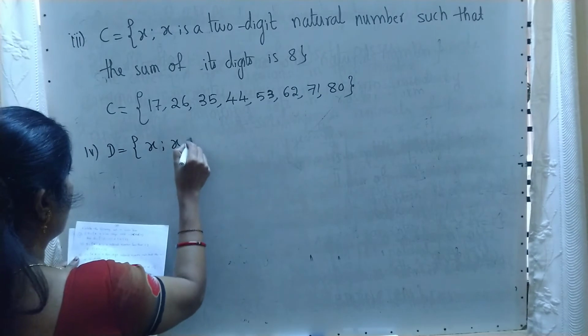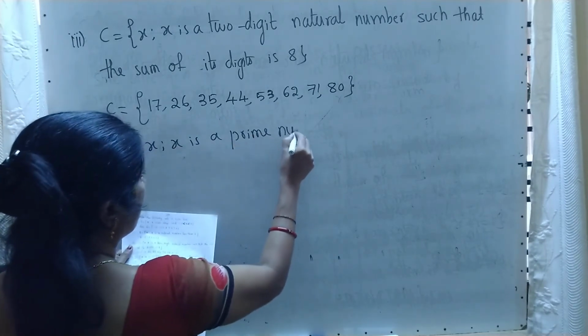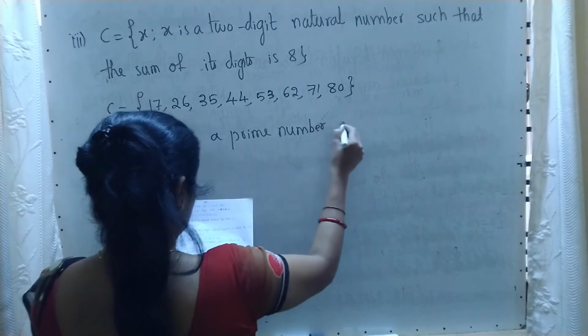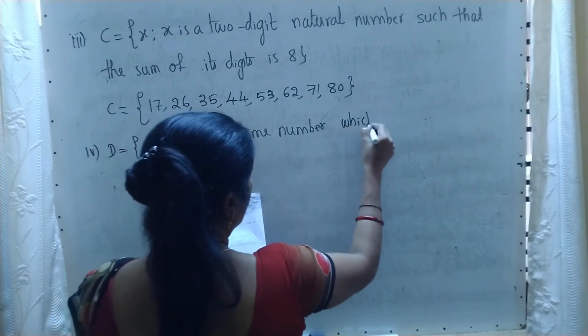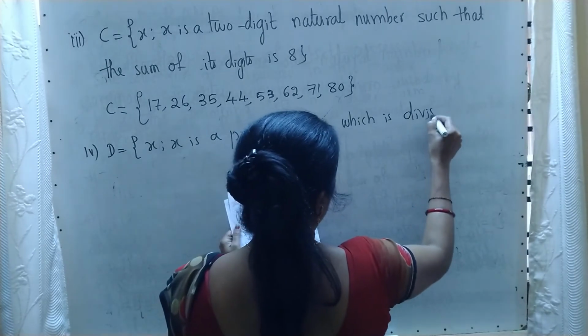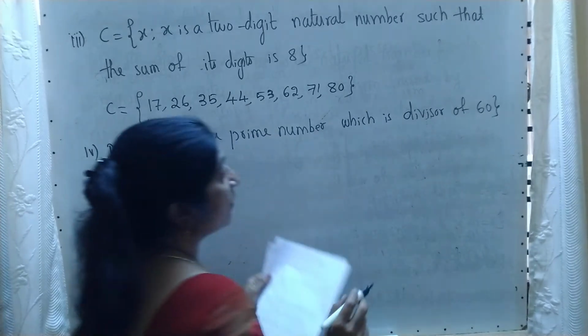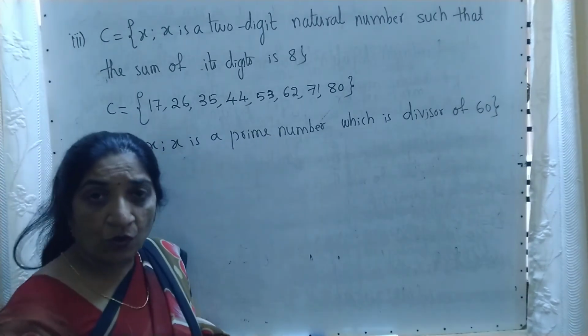x is a prime number which is a divisor of 60. See here. First, before writing, you should know what a prime number is.